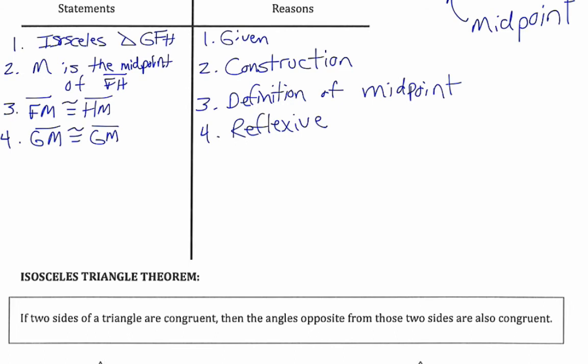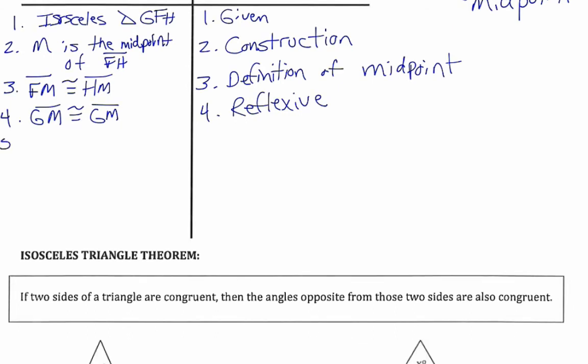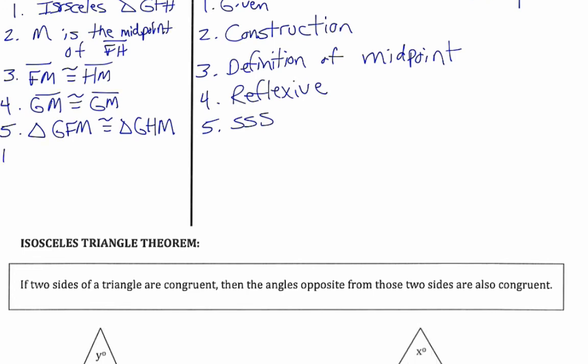And now I have three sets of sides that are the same, so I can say in statement number 5 that my triangle GFM and triangle GHM are in fact congruent by a side-side-side relationship. But if the triangles are congruent, that means that all the pieces are the same. And what I was trying to do at the beginning was convince people that angle F and angle H do in fact have to be the same.